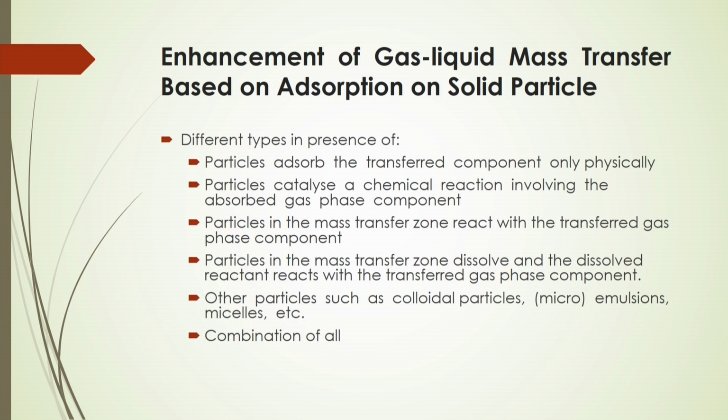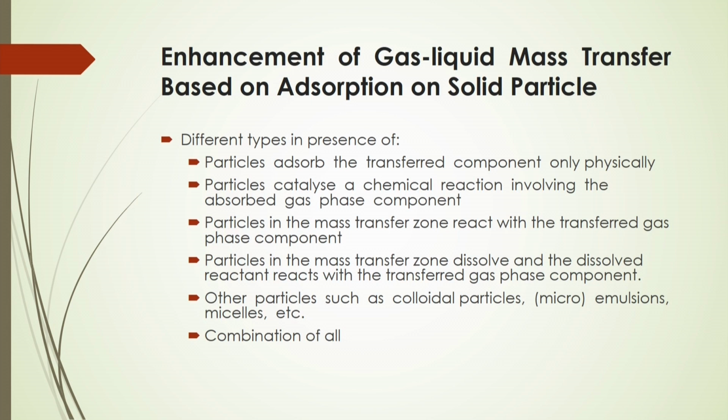Now, the enhancement of the gas liquid mass transfer based on adsorption of solid particles. If any adsorption happens on the solid particle surface, then how does this enhancement of the gas liquid mass transfer happen? You will see different types of enhancement.